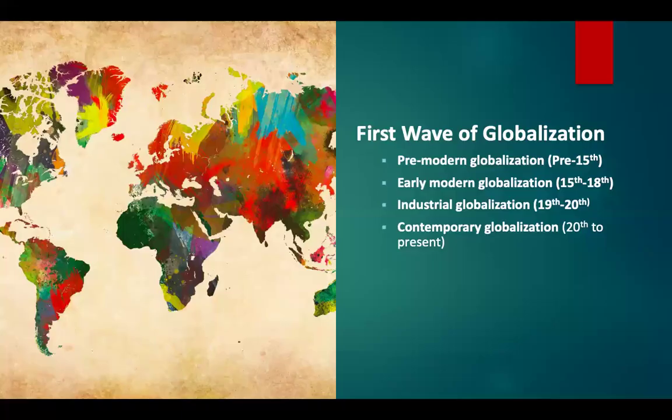Industrialization created new job opportunities and replaced slavery with waged labor, with workers from China, India, and Africa moving to plantations and railroads, and urbanization. So these are the different waves of globalization.